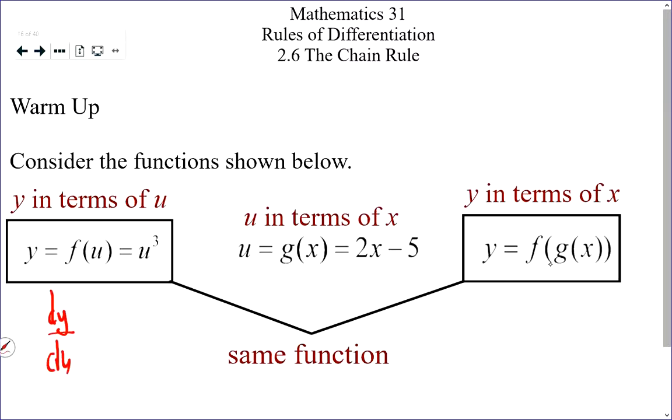Don't write that down, because we're not doing that with this notation. It's possible here to talk about du dx. And it's possible here to talk about dy dx. There's three different derivatives there: dy du, du dx, and dy dx. It depends on the variable we're talking about.